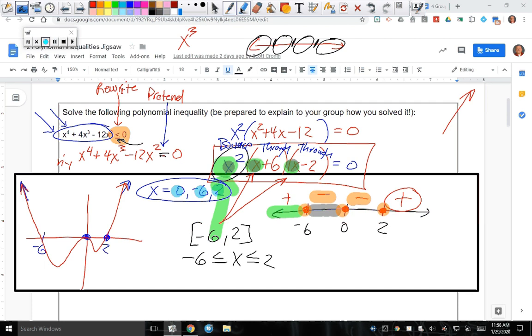And then they proceeded to say, because all we care about is when is this graph less than or equal to 0, aka hitting the x-axis or below the x-axis. And sure enough, that's exactly what is going on.